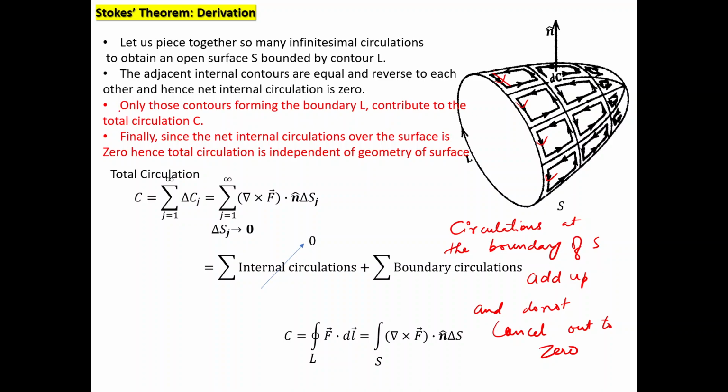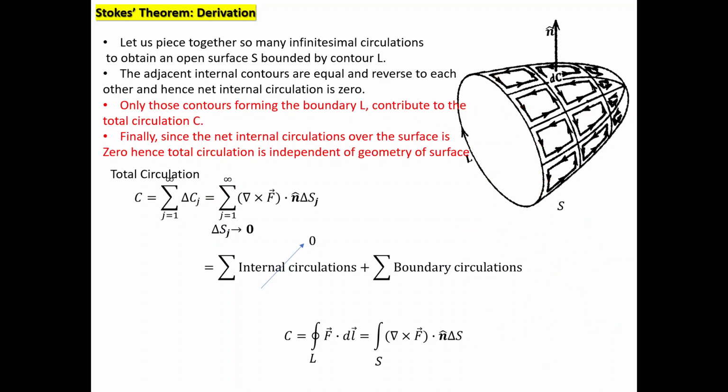You can read the statement: only those contours forming the boundary L, this is the boundary, contribute to the total circulation C. This is similar to the case that we saw in the divergence theorem.